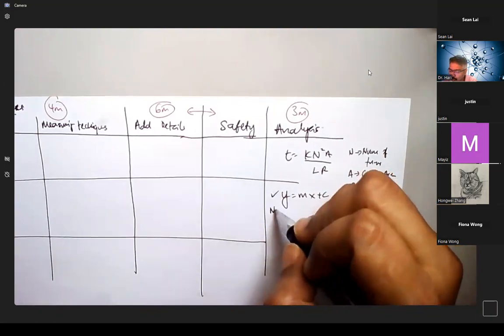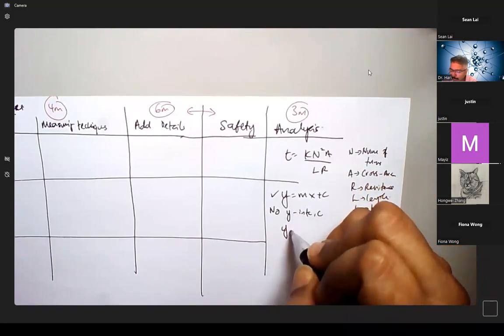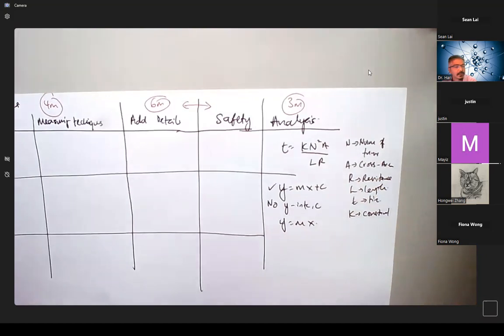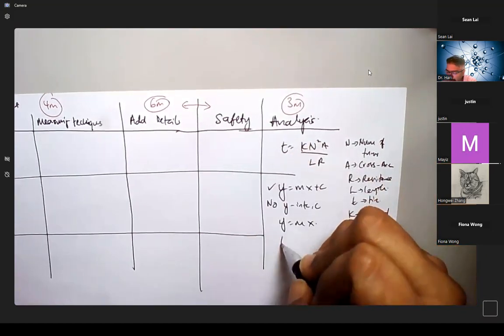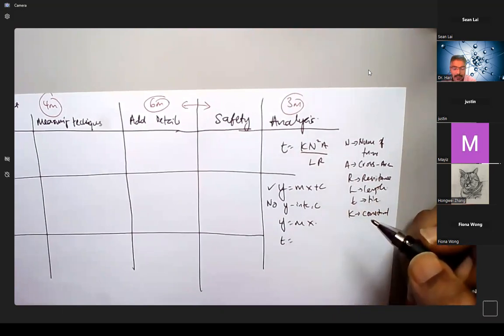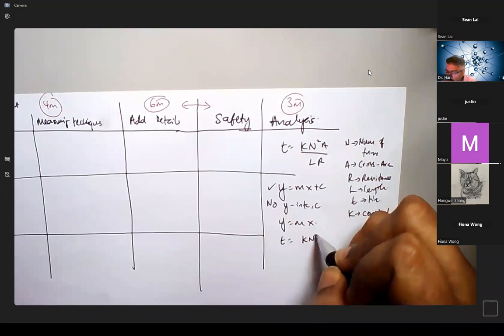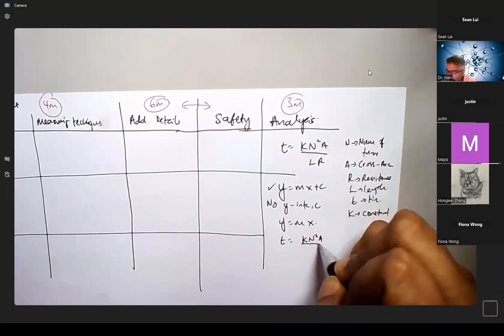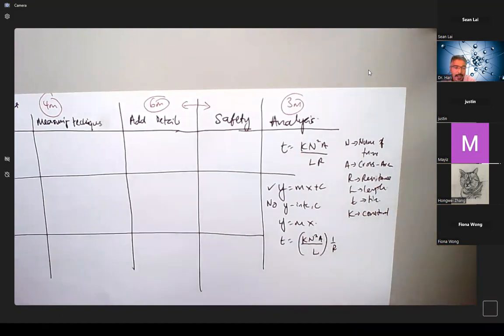There is no y-intercept, c. So therefore, y equals mx. The moment you compare, you know already that T is the dependent variable, Kn squared A over L times 1 over R. So this is the gradient, m.